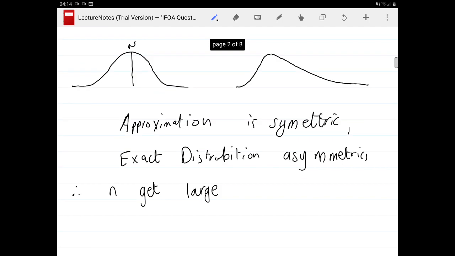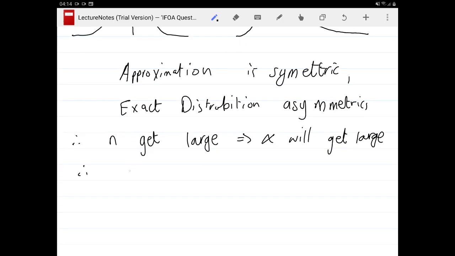So as n gets large, alpha will get large, and our approximation gets better and better as we add up more n's.